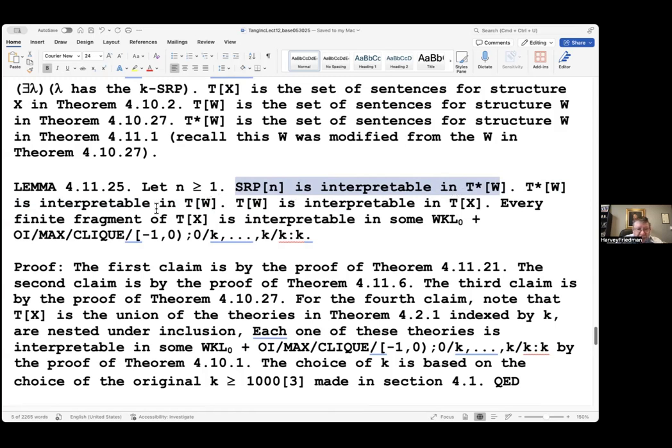And T star W is interpretable in TW. We're going backwards. And TW is interpretable in TX. And every finite fragment of TX is interpretable in some fixed dimension.